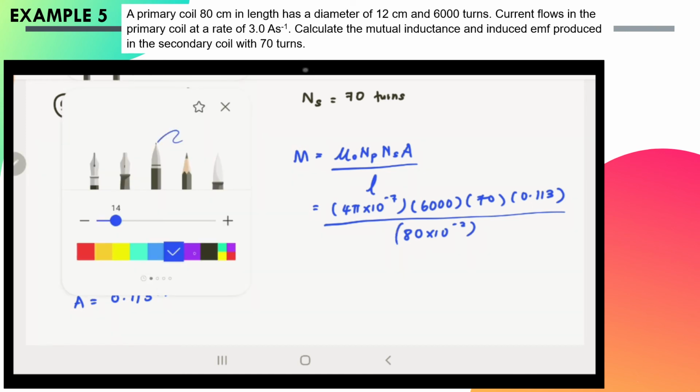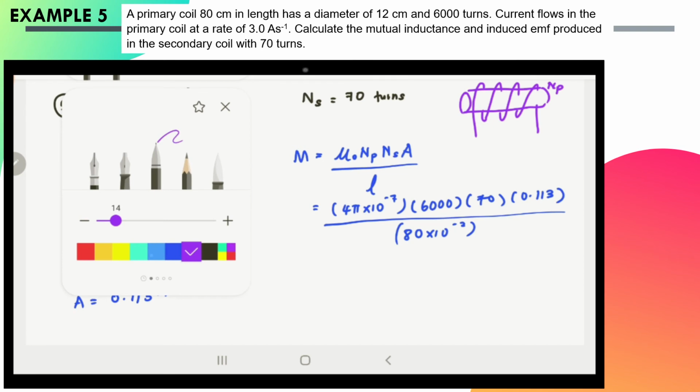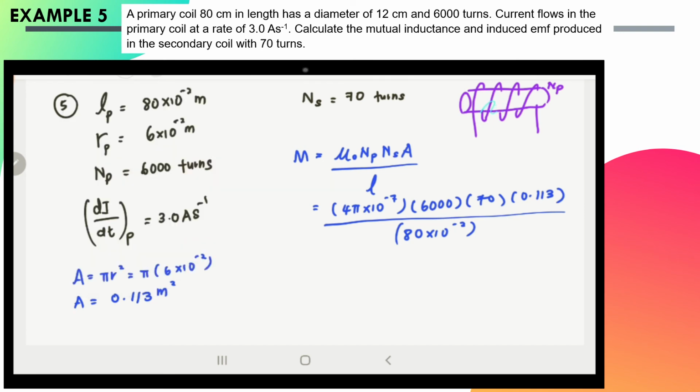Okay guys, in this case, we have a primary coil here, where the number of turns is 6,000, right? So this is the primary coil, N_P, and at the same time we have the secondary coil, where the number of turns of the secondary coil is equal to 70.